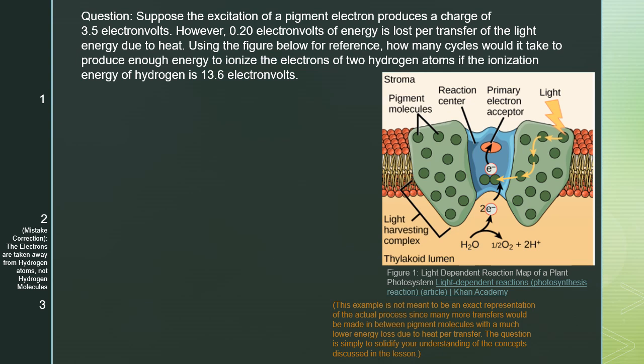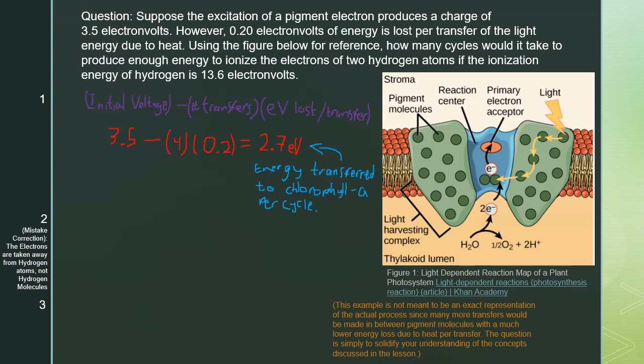Okay, let's move on. The first part of this problem is fairly simple. We can clearly see from the diagram that 4 transfers of energy are made between the chlorophyll molecules. So, from the initial chlorophyll B molecule here, we have 1, 2, 3, and 4 transfers of the energy.